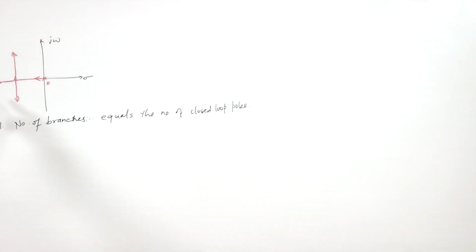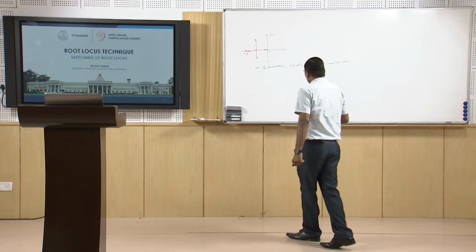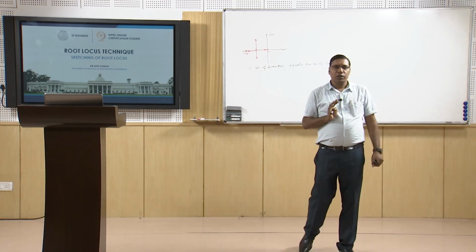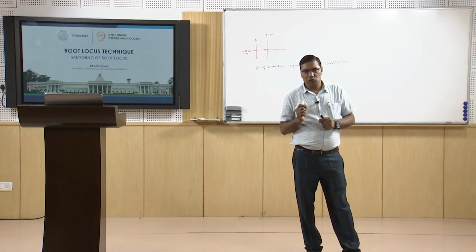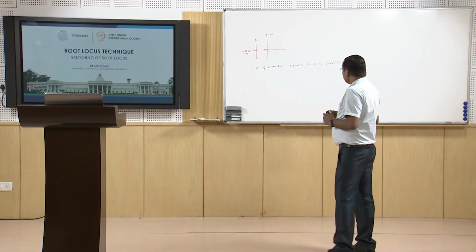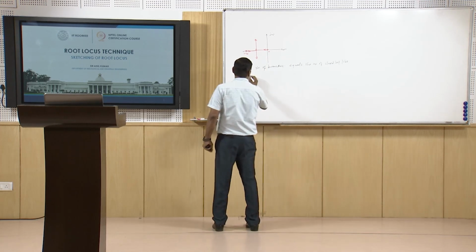In this problem we had two closed loop poles, and each pole leads one branch, so there are two branches of the root locus. So the number of branches of the root locus is equal to the number of closed loop poles, one branch for each closed loop pole. So here we have two branches. This is the first rule.